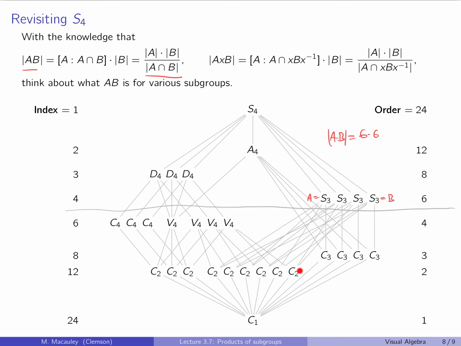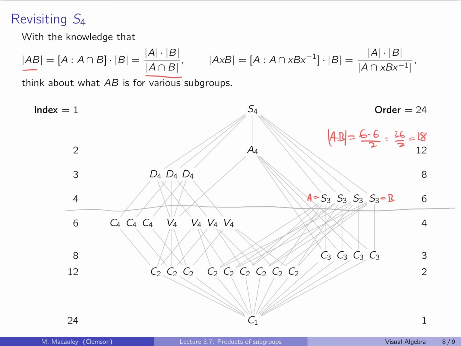And in fact, they do intersect in C2. So this divided by 2 is 36 divided by 2, which equals 18. In other words, AB cannot be a subgroup because there is no subgroup of order 18. That doesn't divide 24. But this double coset has to have order 18.